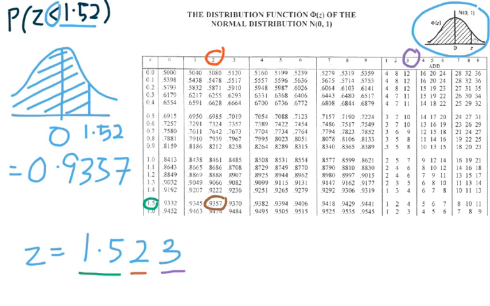So which value do we need to take? We need to take the value on the same row as our first decimal value, the same row as this 1.5. So for the third decimal 3, we are going to take the value of 4 here.